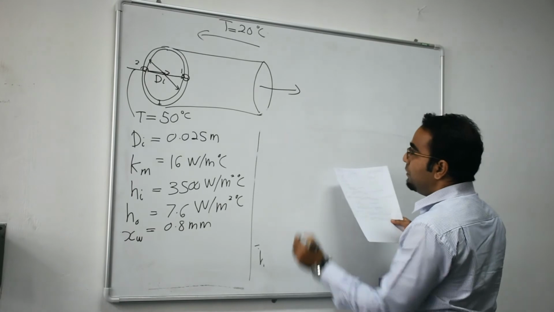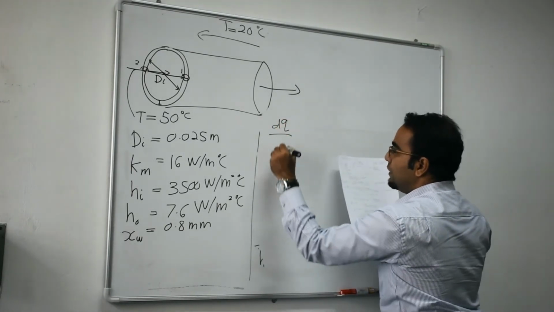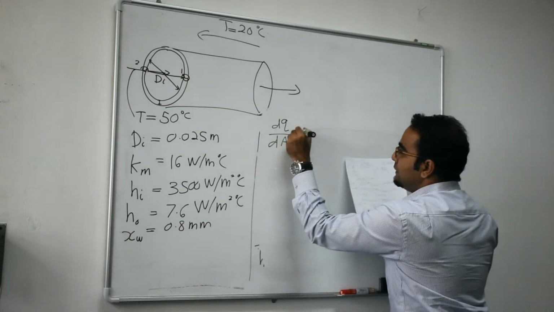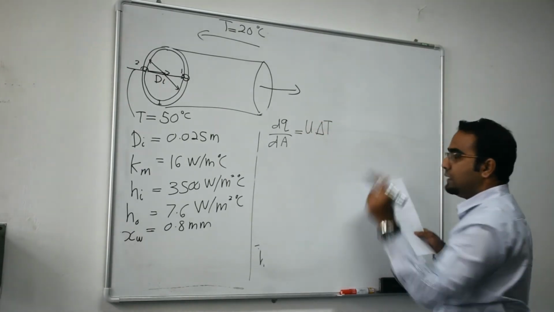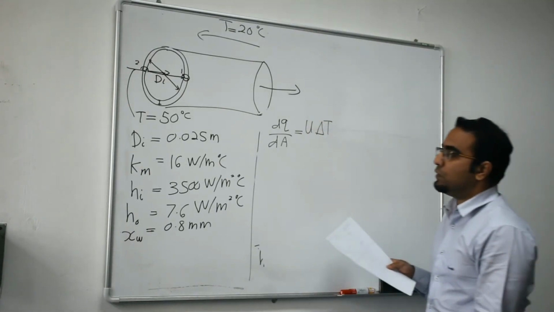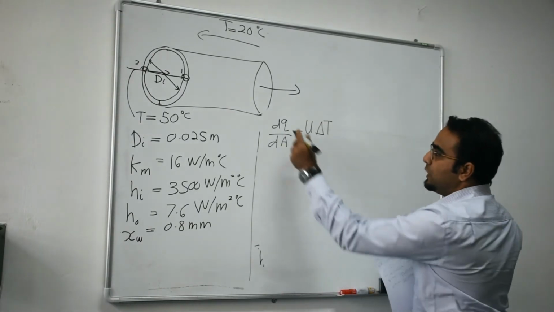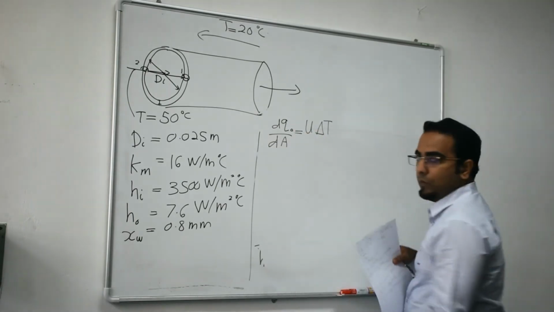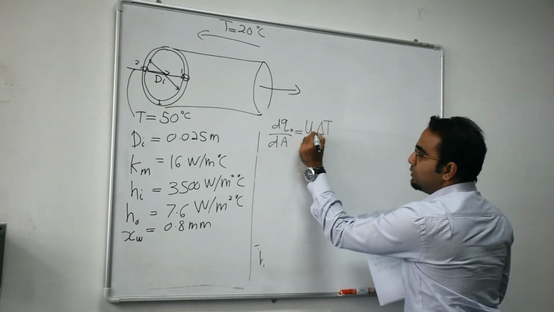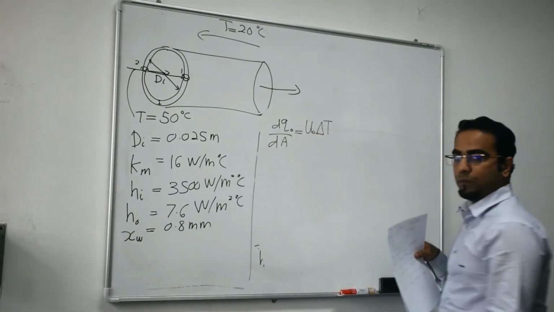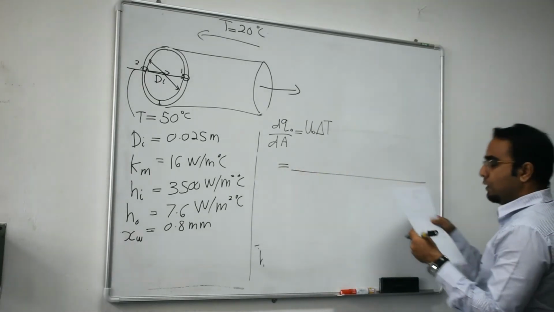So to calculate the value of heat flux, we have the general equation dQ over dA is equal to U delta T. Okay, so if you want to find the heat flux based on the outside surface area, we can just put here dQ based on the outside surface area, and then we must also put UO. So to find this value, we already calculated the value of UO.